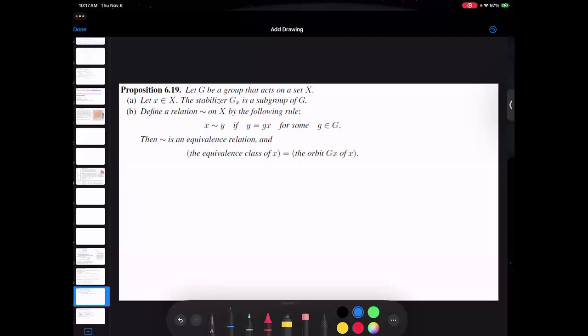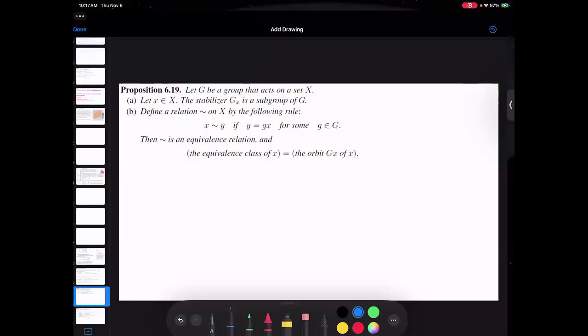So we want to show that this is an equivalence relation. Equivalence relations have three properties: reflexive, symmetric, transitive. When you look at this, you might say, well, wait a minute, we're giving a preferential treatment to X. We're saying X is equivalent to Y if y is some g of x, is x going to be some other g of y? And we will see that almost momentarily in symmetric.